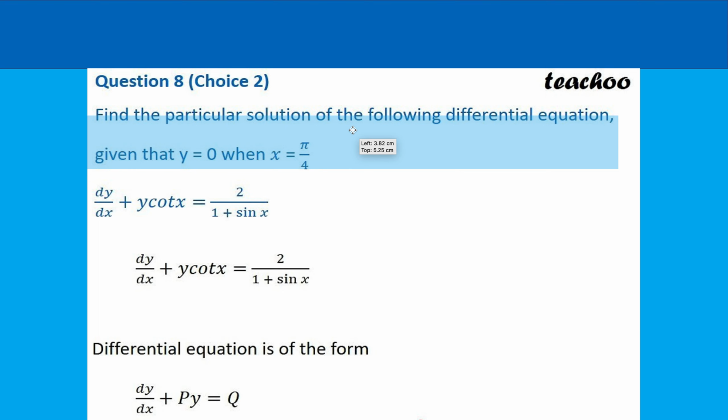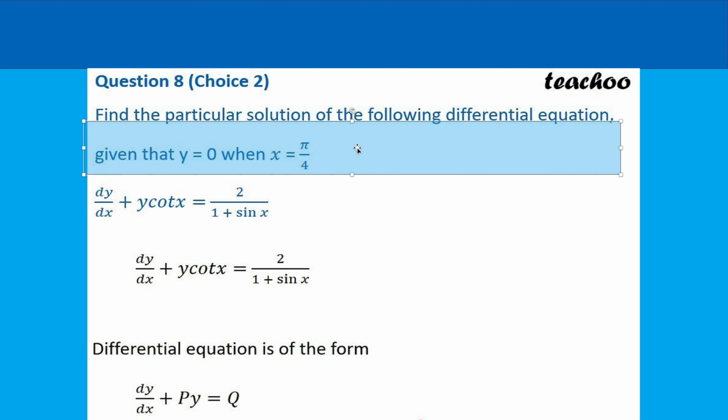And the next we need to find the particular solution of this differential equation. Now particular solution simply means first you are going to have to simplify this into the differential equation form, right, which is dy upon dx plus py equals q, right?